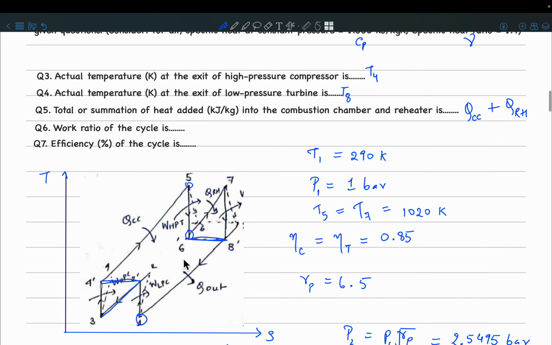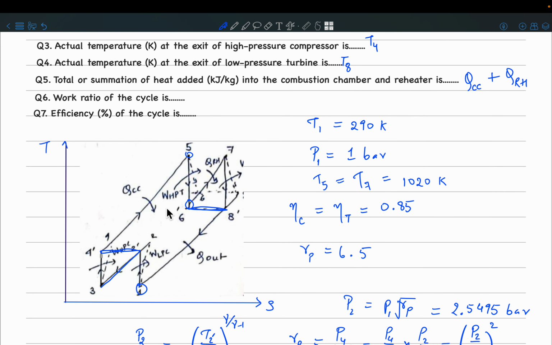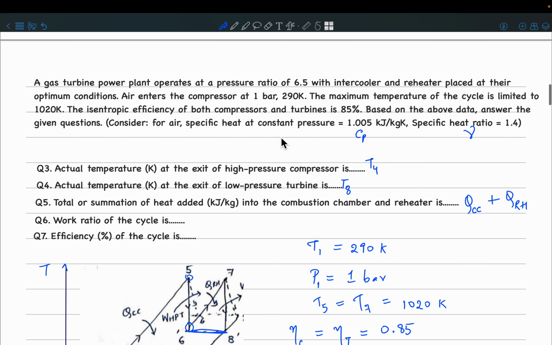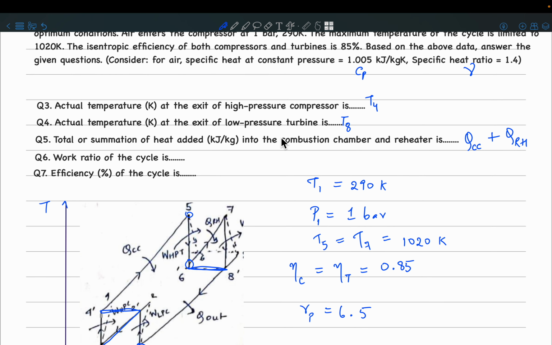So with an ideal intercooler and an ideal reheater, these are the situations. Since we are not given any efficiencies or any such definitions for the intercooler, we are assuming them to be ideal.